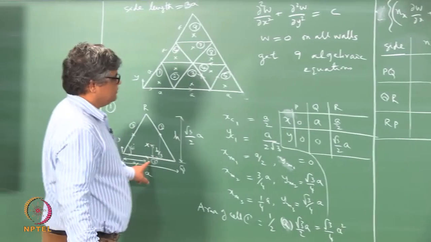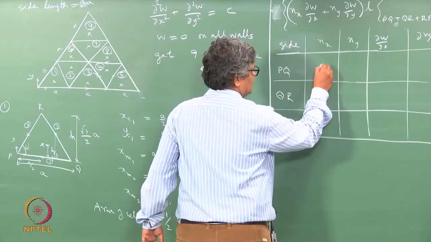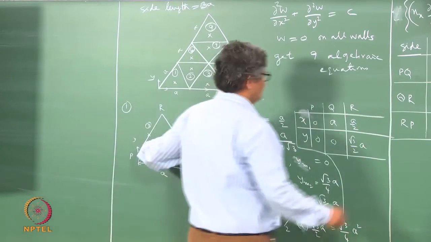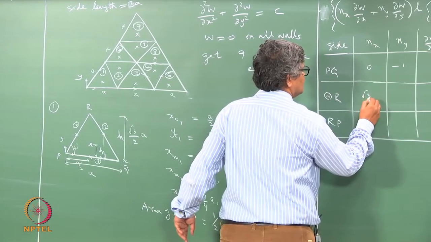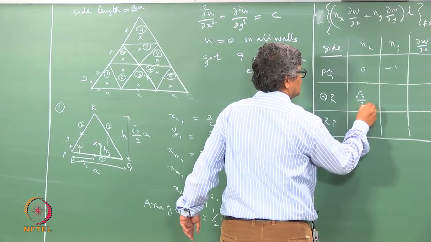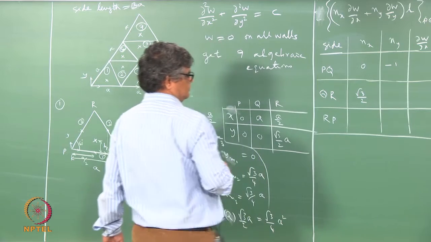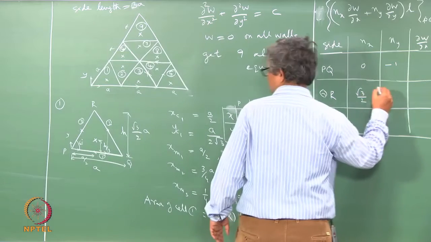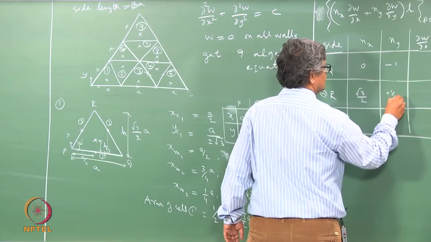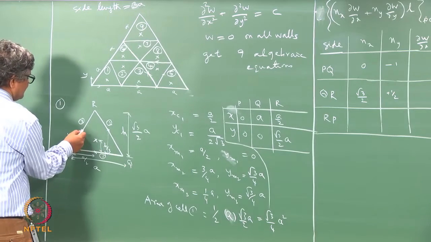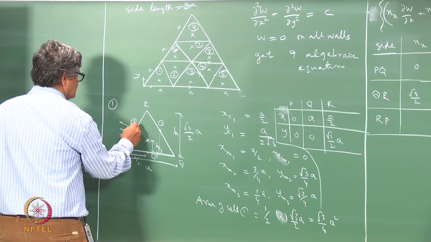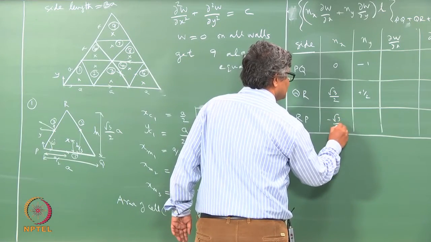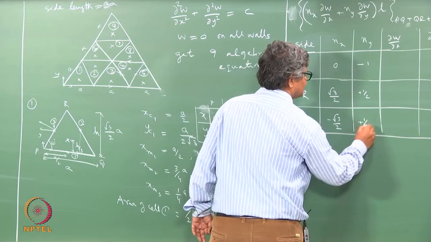So if we come to this PQ, Nx is 0 and Ny is minus 1 for the midpoint here, and here Nx is square root of 3 by 2 and Ny is plus half, and here, for RP, this is minus square root of 3 by 2 and plus half.